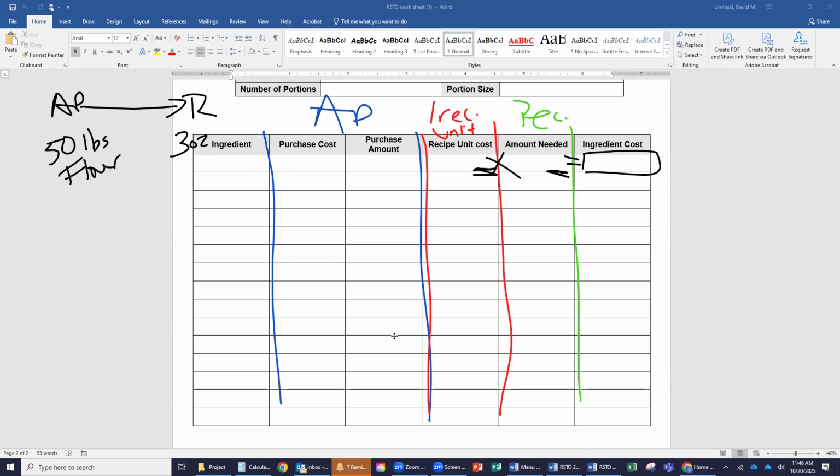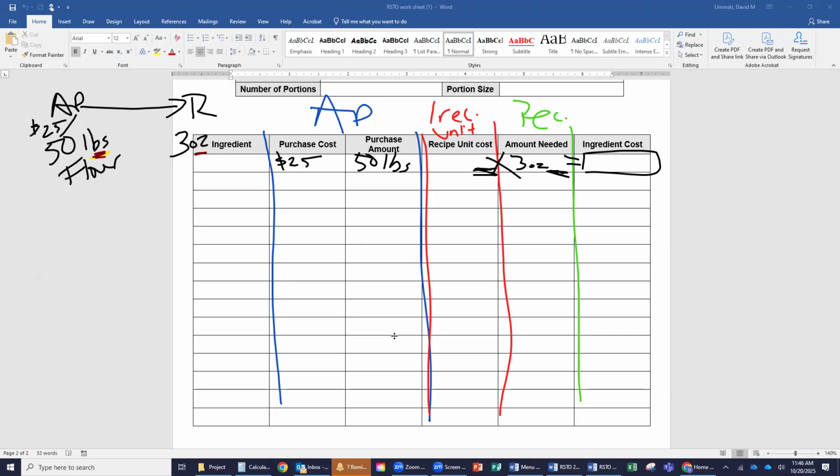So 3 ounces, purchase cost, let's say it's 25 for 50 pounds. Okay. So my purchase cost is $25. My amount is 50 pounds. Now, looking at this right here, pounds and ounces, my units don't match.